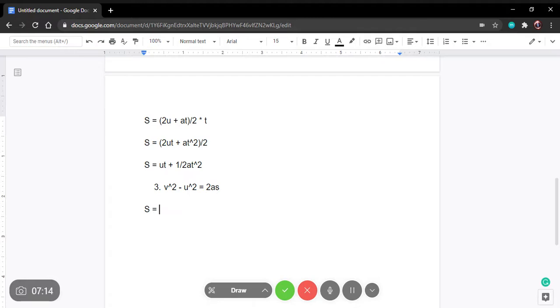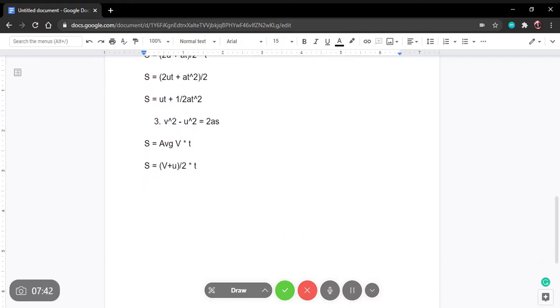Displacement is equal to average velocity into time. As noted above, average velocity is nothing but v plus u, with brackets, divided by 2, into time. Now here is when the new concept comes.